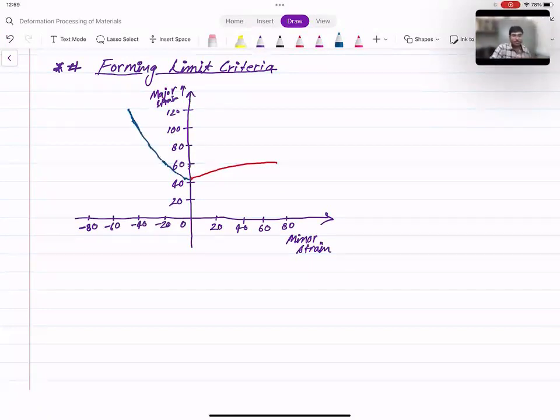Okay, so let me label it also for better understanding. This is the tension region. This was given by Keeler.